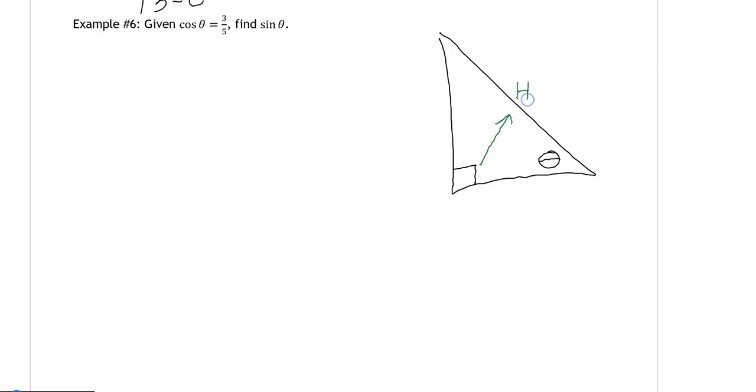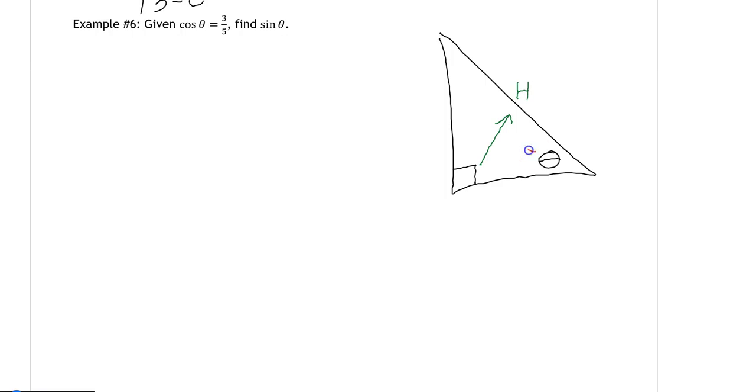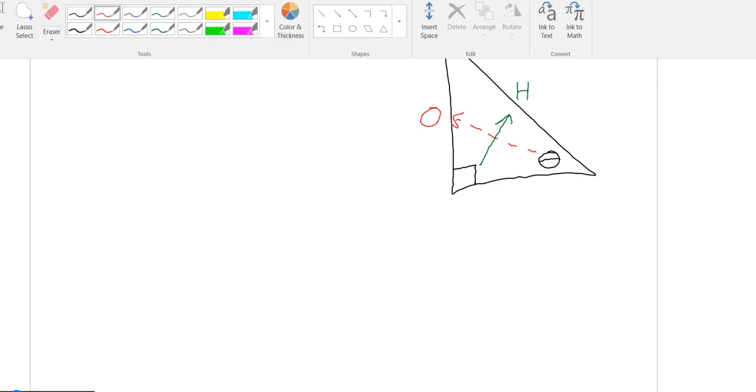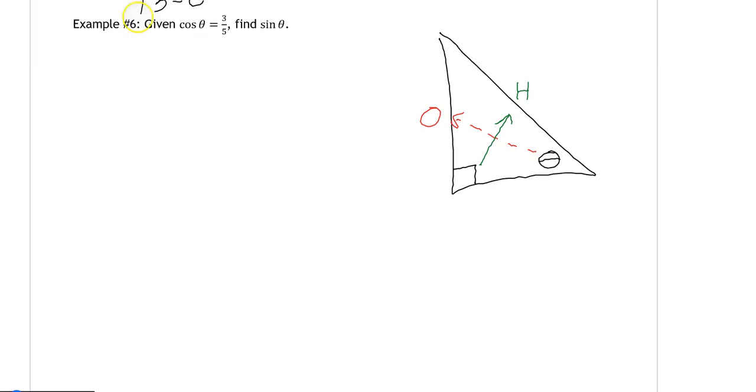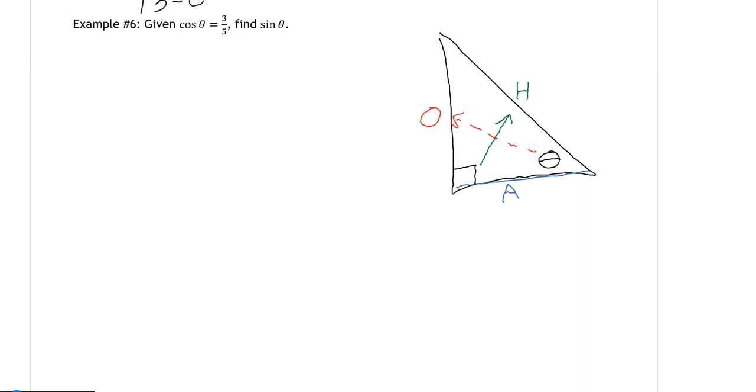I have hypotenuse, my opposite side from my angle, and then the adjacent side between the two. Okay. So I need to know what I know. I have cosine of theta equals 3/5.